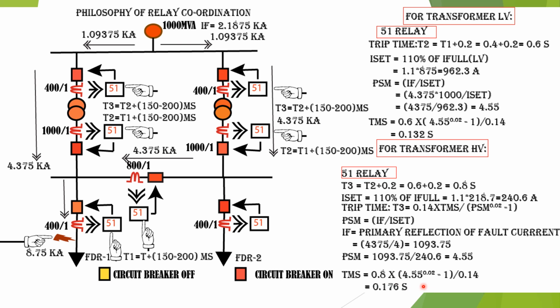The value of the PSM is 4.55. So 4.55 to the power 0.02 minus 1, divided by 0.14, comes as 0.176 second. So considering the trip time as 800 millisecond, the value of the TMS for the HV side of the transformer is 0.176 second or 176 millisecond.